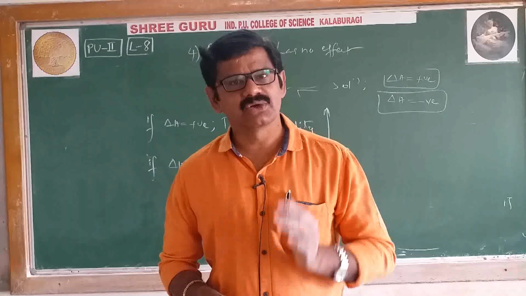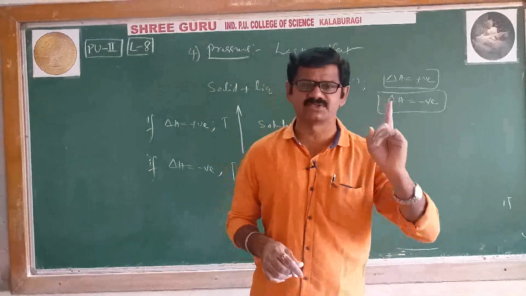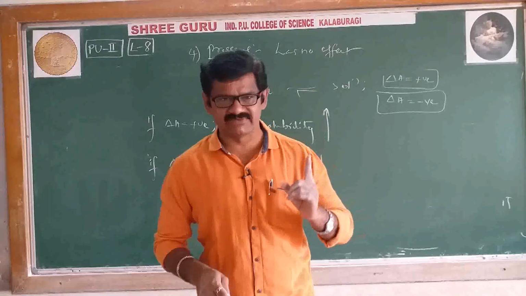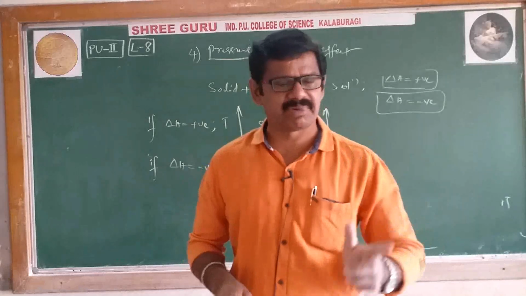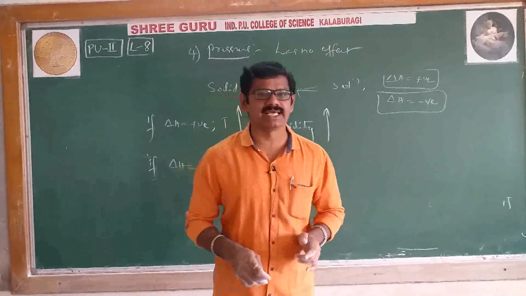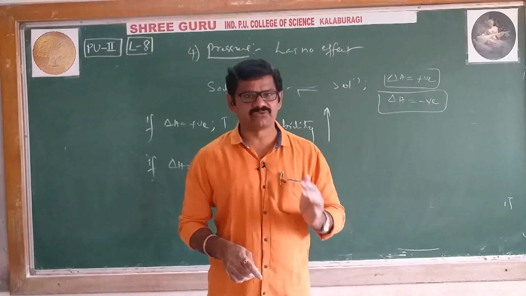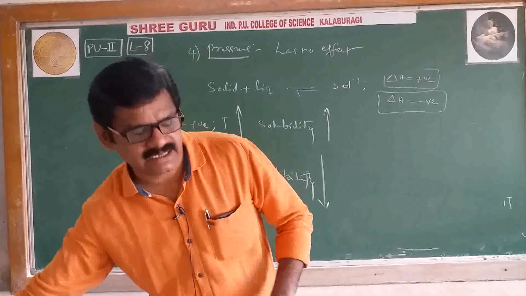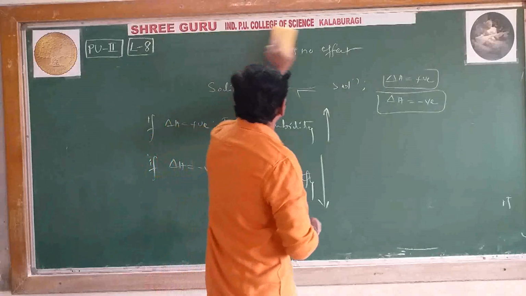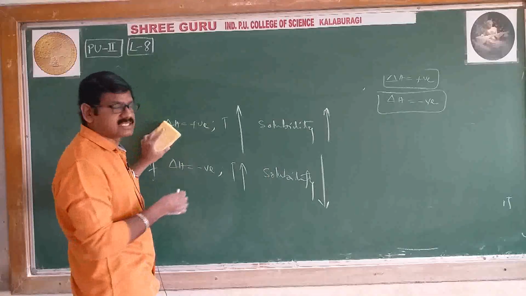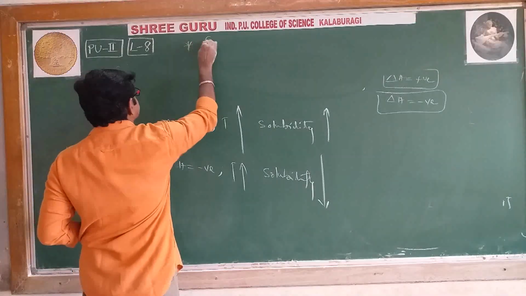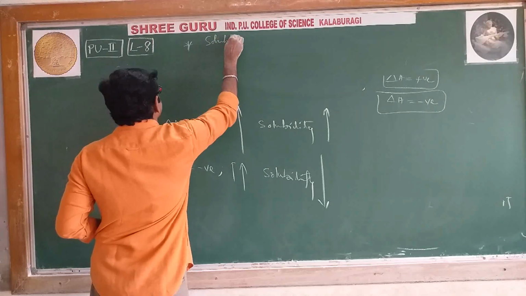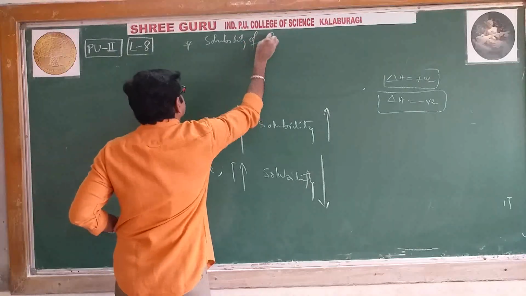Once again, a total of 4 factors are there. One is the nature of solute, second is the nature of solvent, third is the temperature, and fourth is the pressure. All 4 factors we have discussed now. Next we'll discuss another point, that is the solubility of gas.